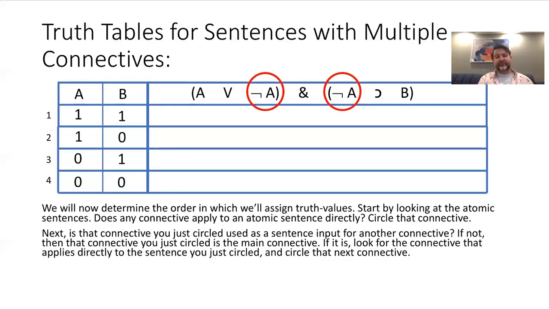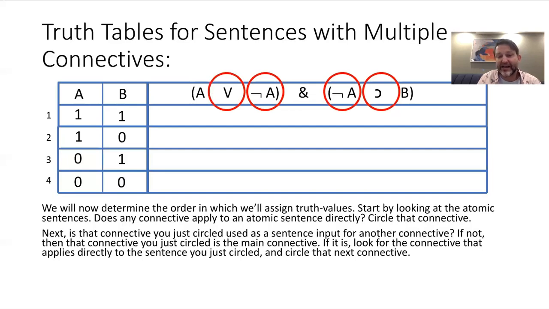And so we can ask ourselves, is that connective you just circled used as a sentence input for another connective? If not, then the connective you just circled is the main connective. If it is, look for the connective that applies directly to the sentence you just circled and circle that next connective. So this is the next connective, right?